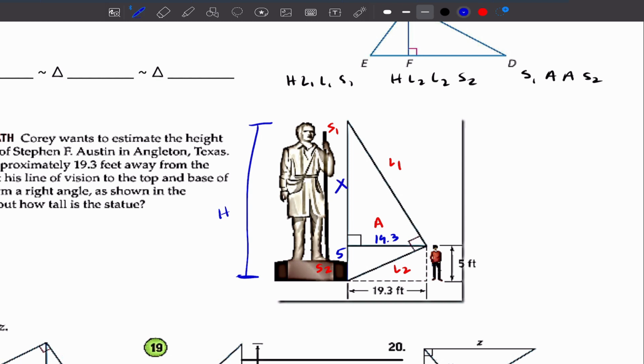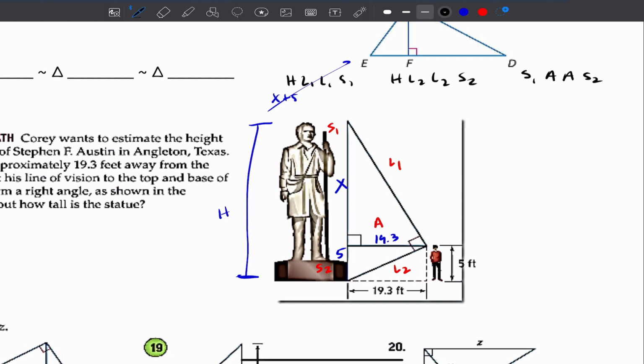Okay, so let me see. So the hypotenuse is, well, 5 plus x, so I'm going to put x plus 5 here. And who knows if I'm going to use all of these things, but I'm trying to figure out which one works best. Okay, so what's leg 1? Leg 1, we don't even know what leg 1 is, so I don't really think we're going to use that at all.